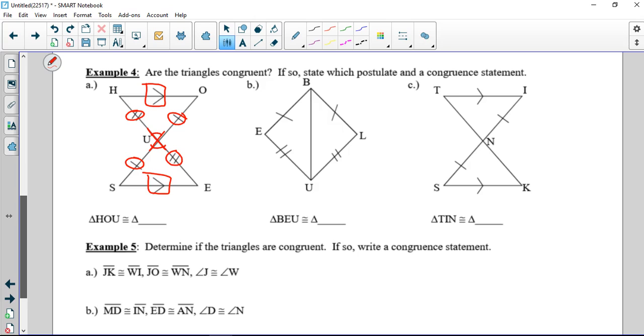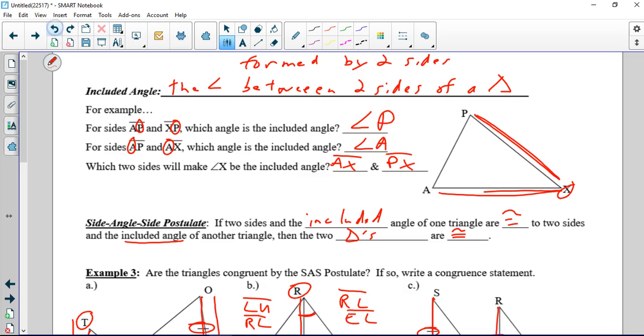Now here's where we got to be careful. HOU. So we're starting at H, and we're going down coming back down Highway 1. So if we started at S and went this way, we'd have to go down Highway 2, and that's wrong.